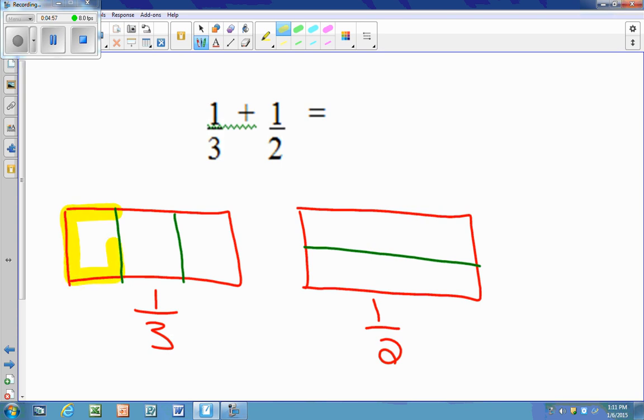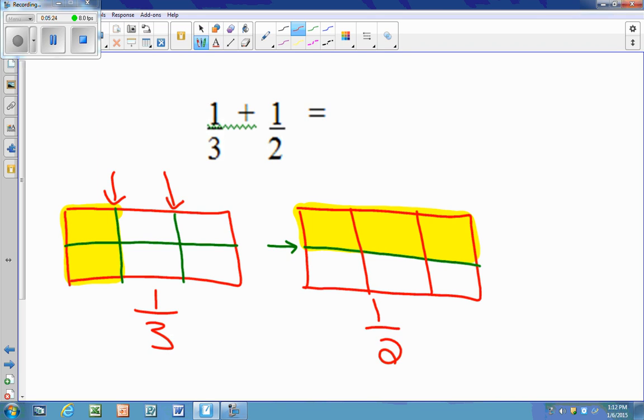There's my 1/3. There's my 1/2. Now I'm going to go back and I'm going to take my lines that were horizontal and put that into my first rectangle. And I'm going to take my lines that were vertical and put them into my second rectangle.